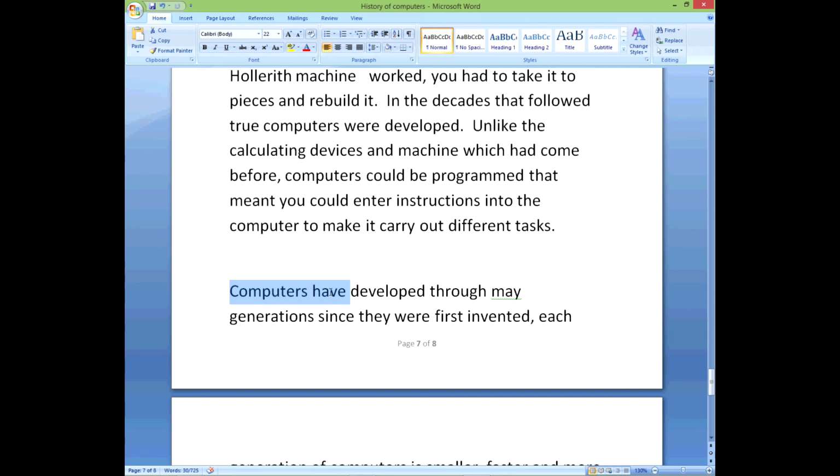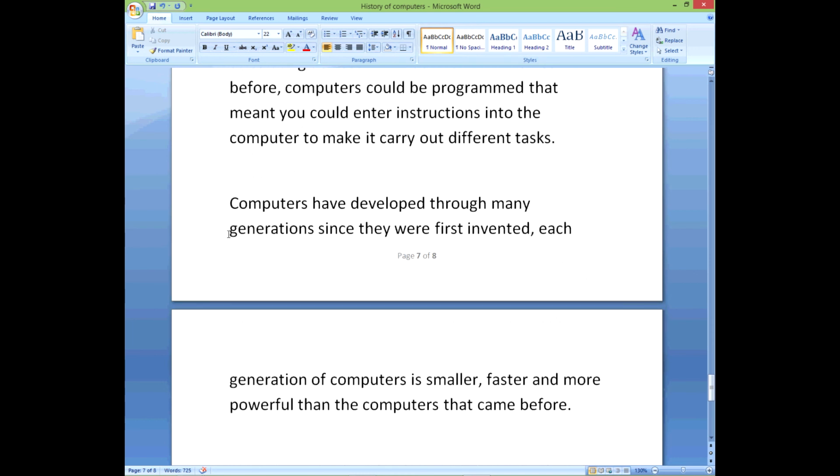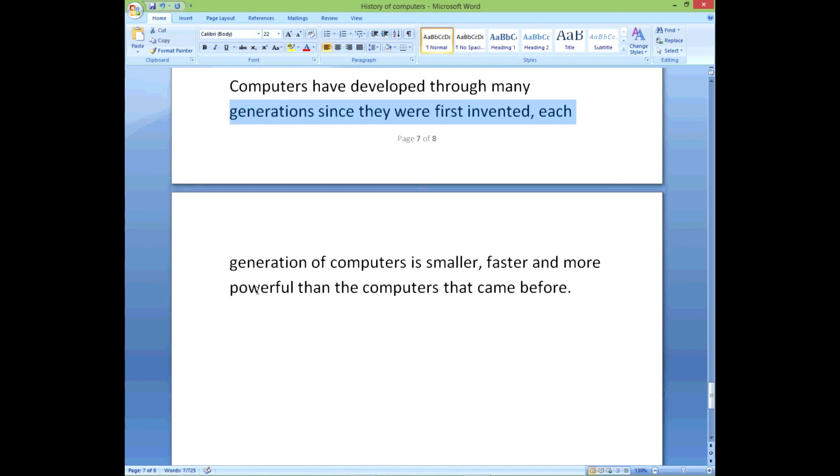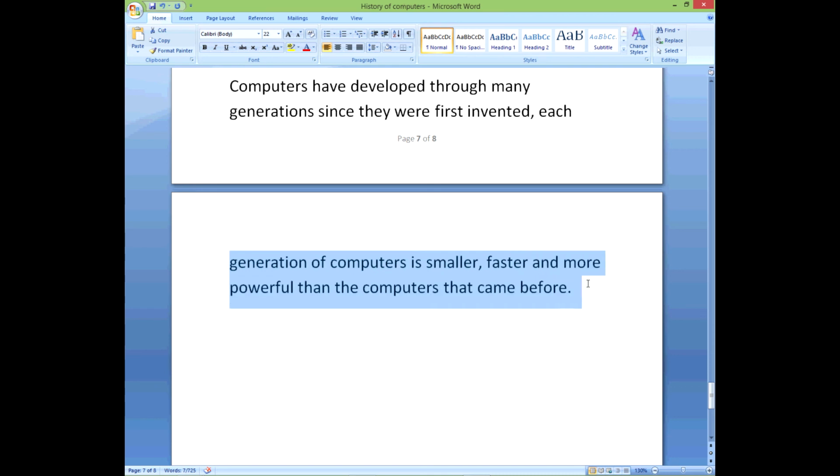But nowadays, modern computers are more sophisticated. Computers have developed through many generations since they were first invented. Each generation of computer is smaller, faster, and more powerful than the computers that came before them.